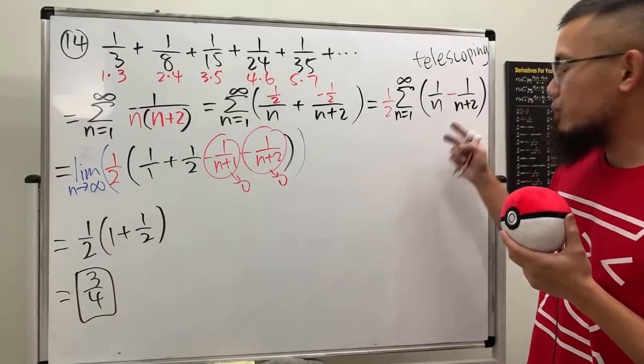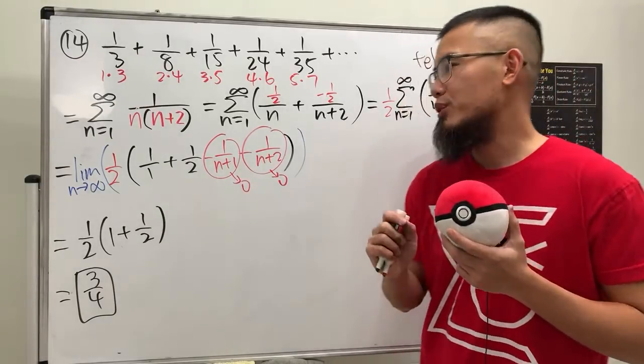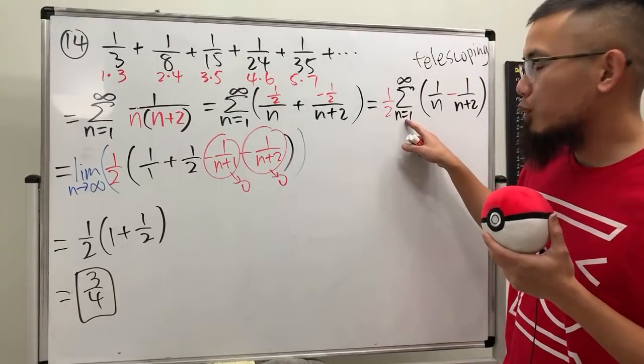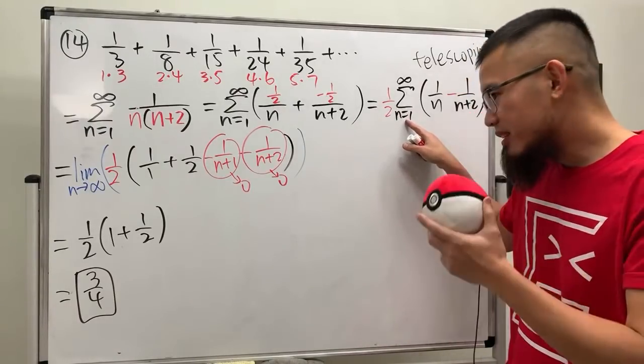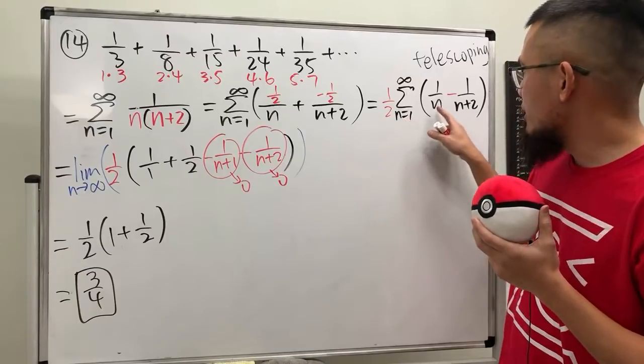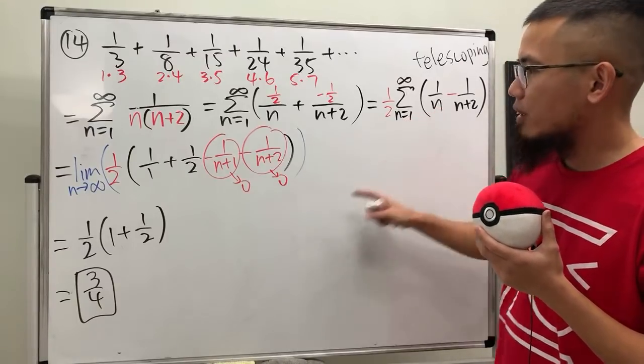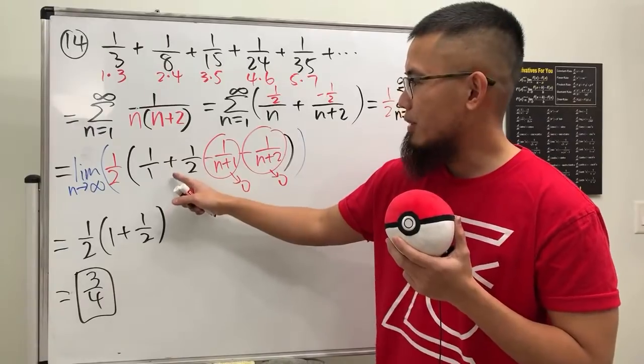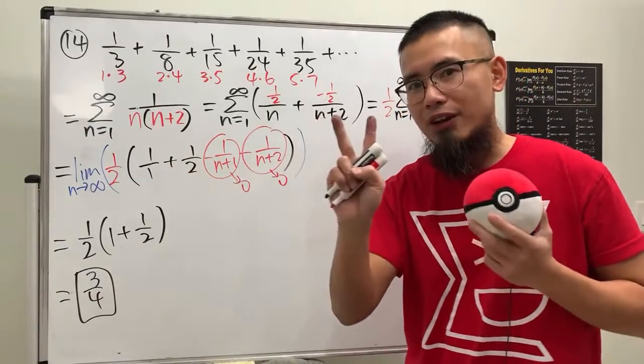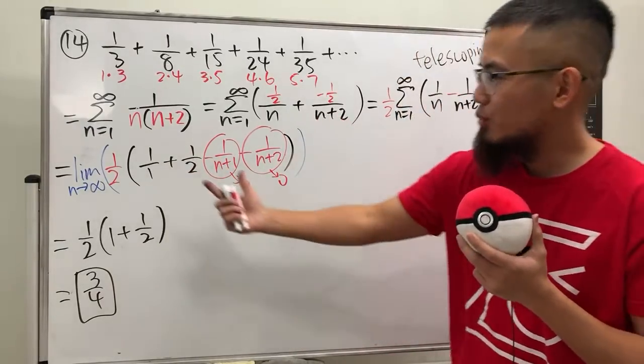N and n plus 2, they're off by 2 terms. The fast way to do this is that you see the starting n value right here is 1. And then the next n value is 2. You're drawing this here, and you're drawing 2 in here, so you write down 1 over 1 and plus 1 over 2. You have to have 2 terms in the front, right? 2 terms in the front.